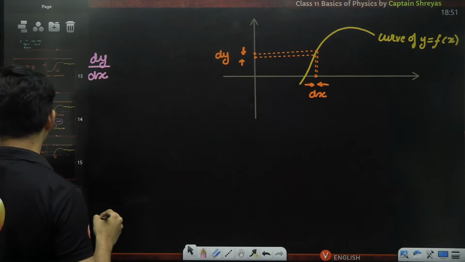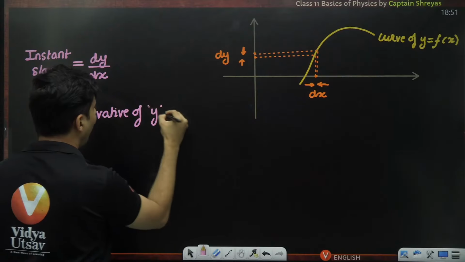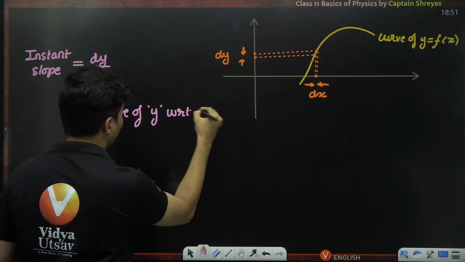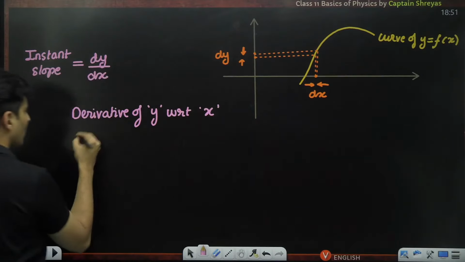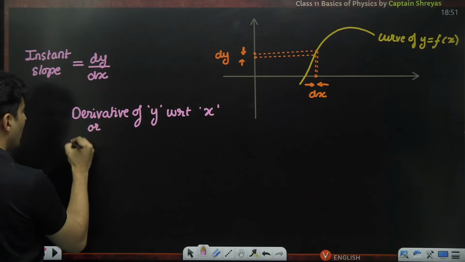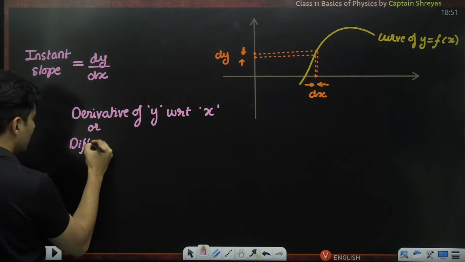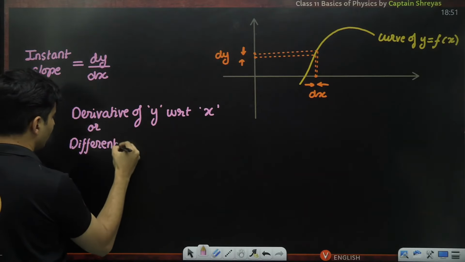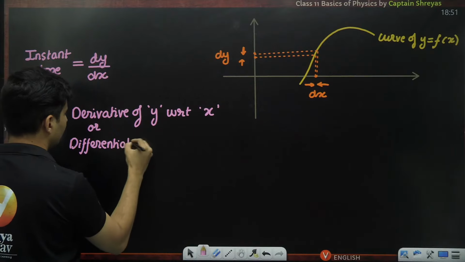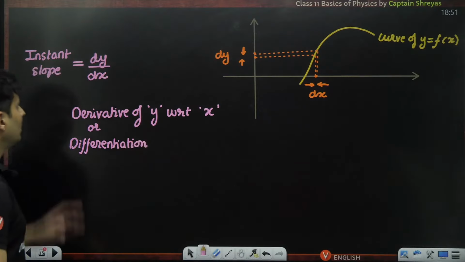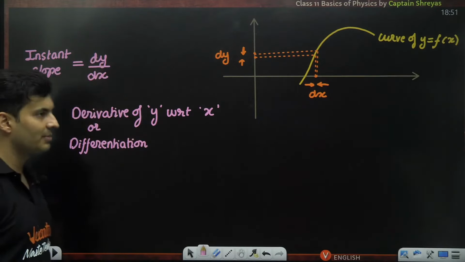So this is also called the derivative of that variable y with respect to that variable x. You can use the word derivative or the word differentiation, differentiation of y with respect to x.